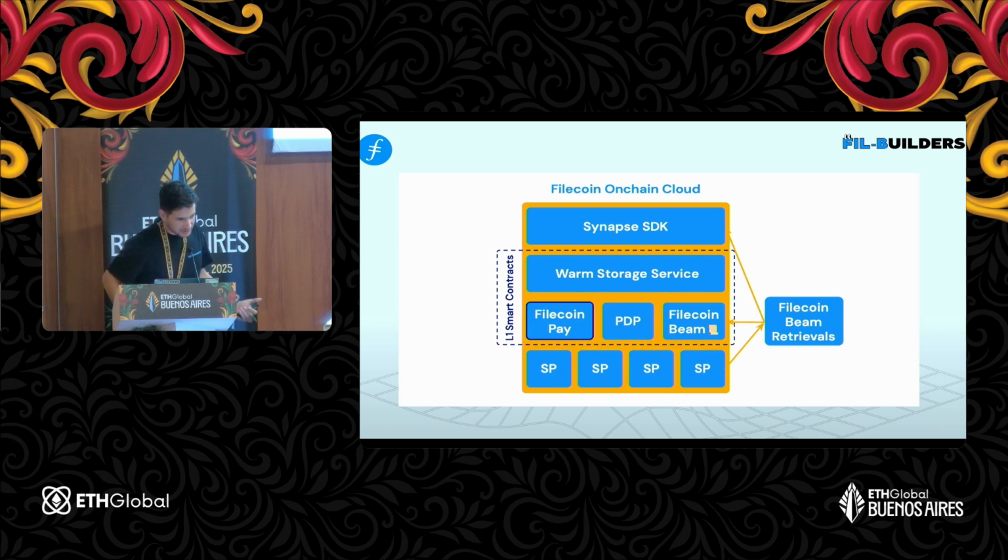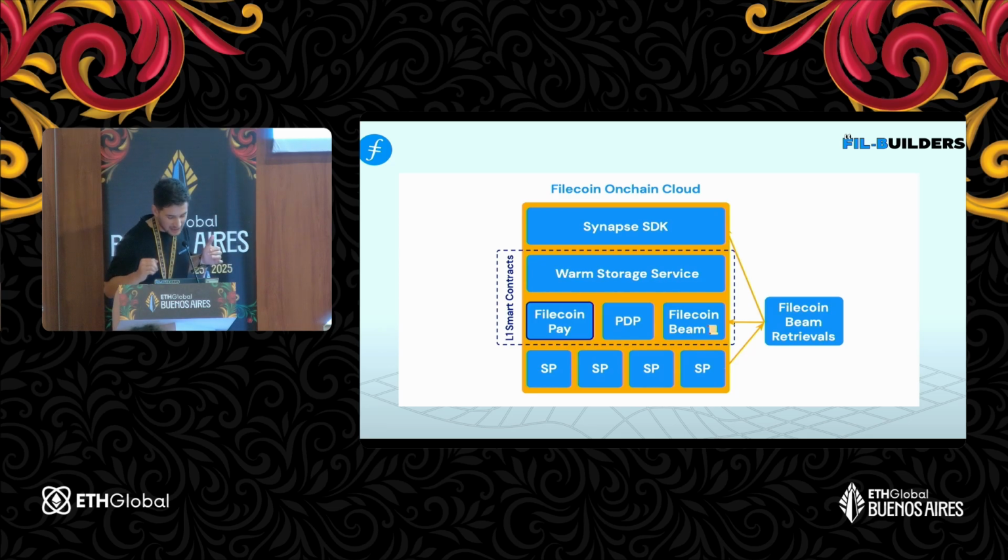Here is a simplified version of the architecture, and you can visualize it as the SPs are the storage providers. Then you have the orchestrator, which is the warm storage service that manages the payments between the clients and the storage providers.